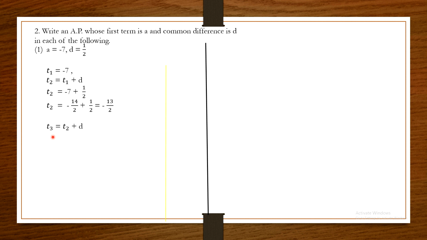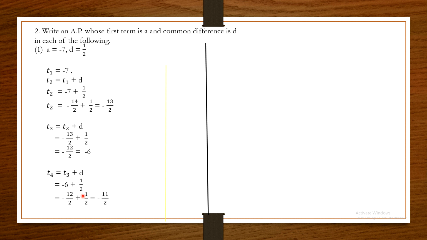Now let's find the third term, T2 plus D. T2 is minus 13 by 2 plus 1 by 2. So we will get minus 13 plus 1, that means minus 12 by 2, equal to minus 6. Now find T4, T3 plus D. So minus 6 plus 1 by 2. Six twos are 12, so minus 12 by 2 plus 1 by 2.